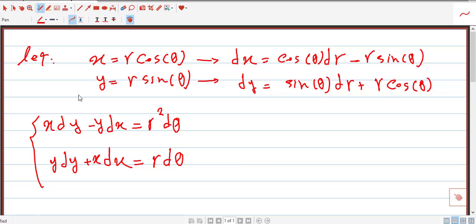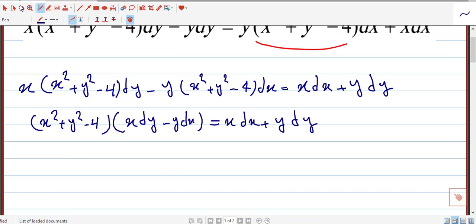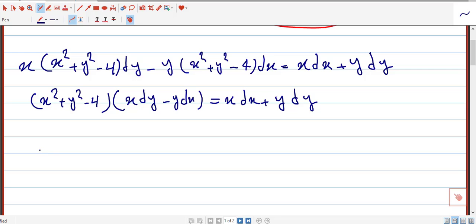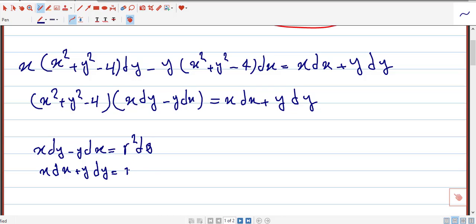So we are going to change the variables. I'm going to write again x dy minus y dx equal to r squared d theta, and also x dx plus y dy equal to r dr. So I'm going to replace these in the equation.